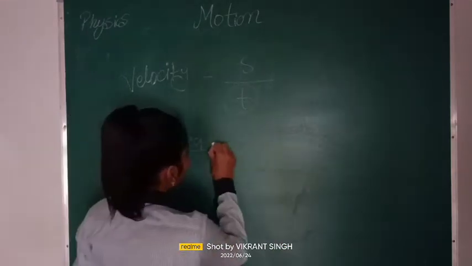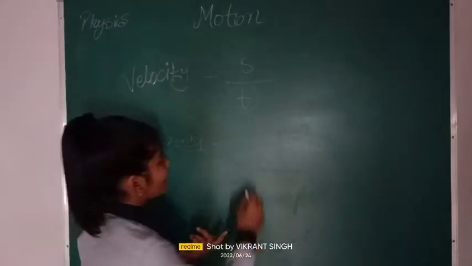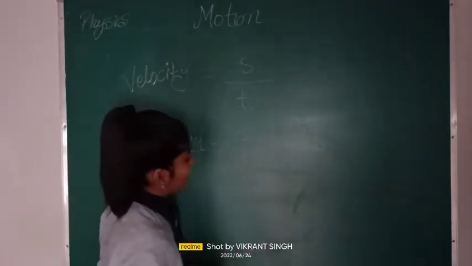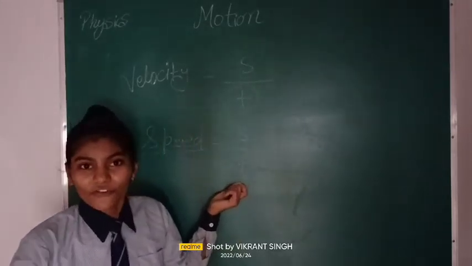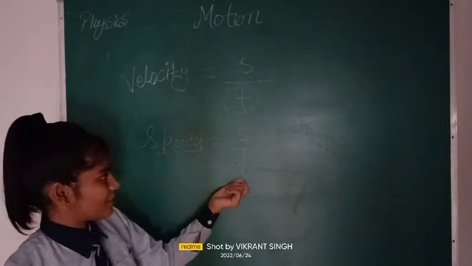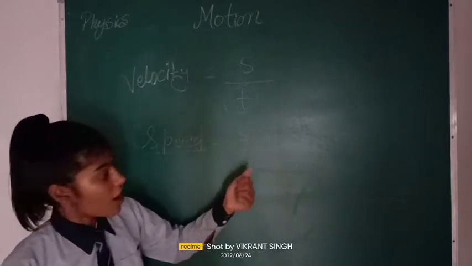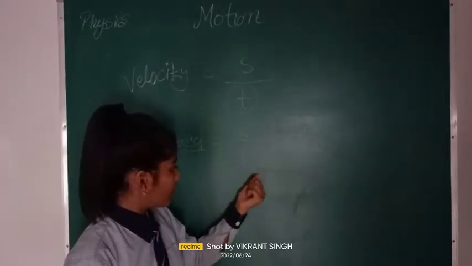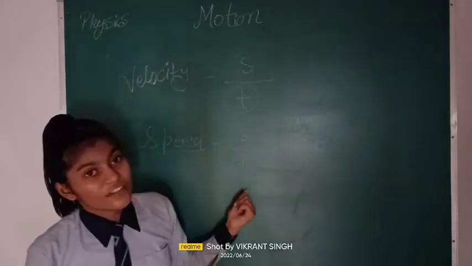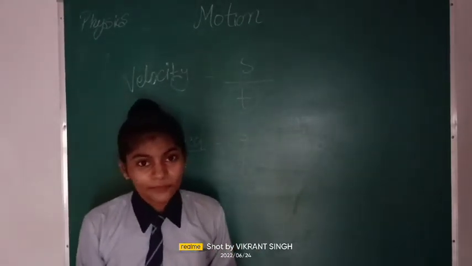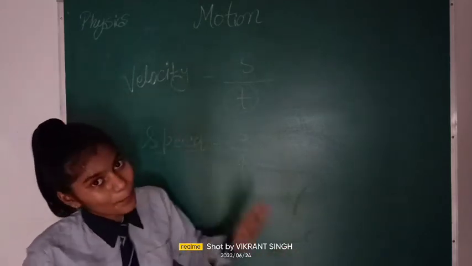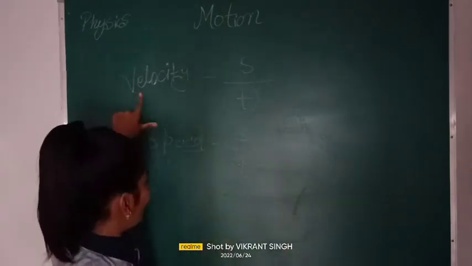We also write distance as s, so s by t. It's the rate of change of distance, written in the numerator. Whenever you have time in the denominator, it's always a rate, and in this case rate is not like price, rate is speed. That's what velocity and speed are.